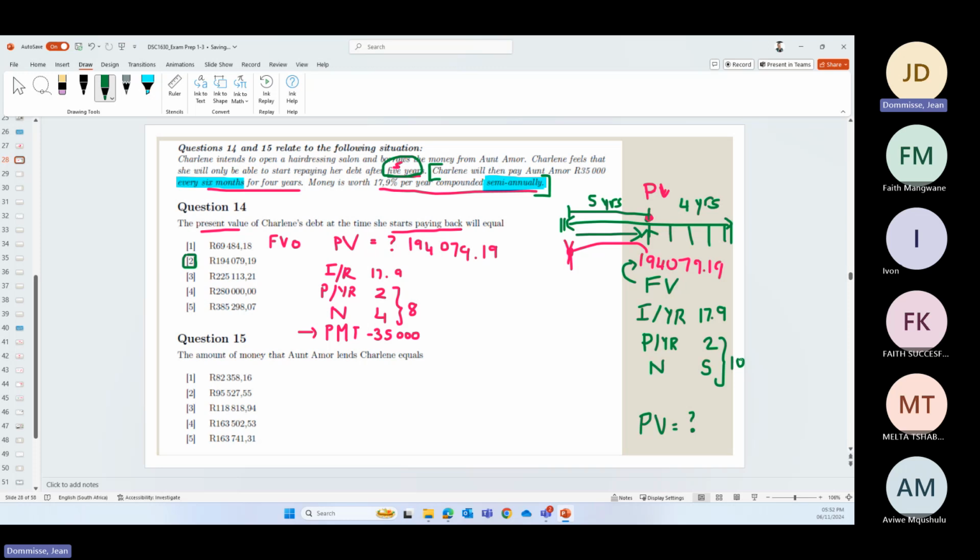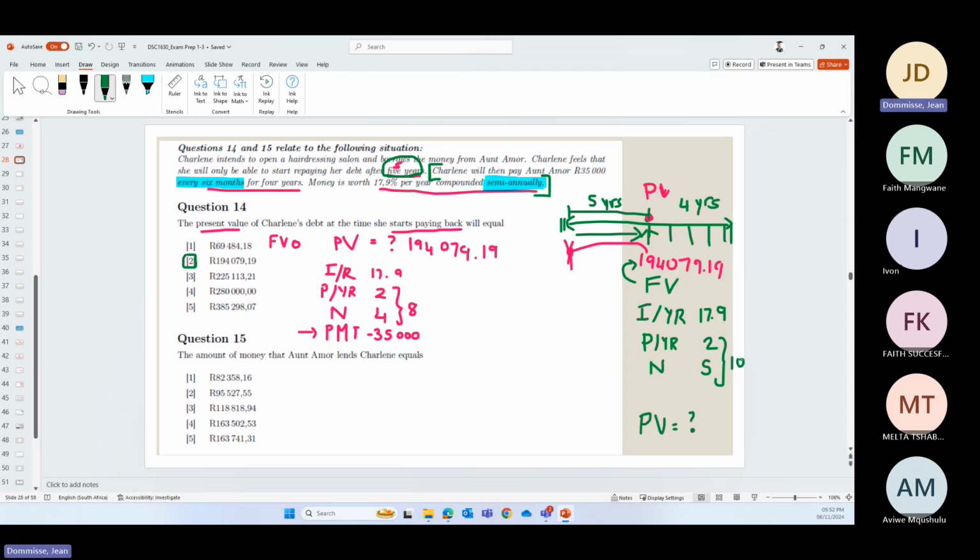Okay, so basically going back to our calculator, that 194,079.19, that now is our future value. Then interest rate stays exactly the same, the 17.9. The times per year stays exactly the same, that is twice per year.